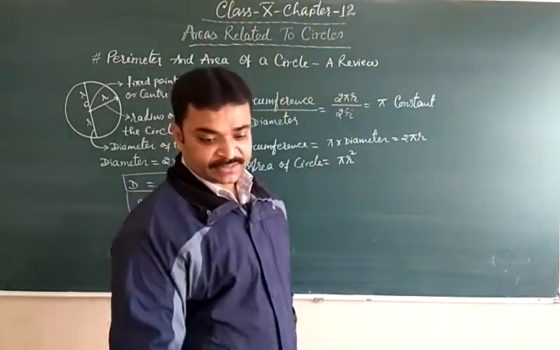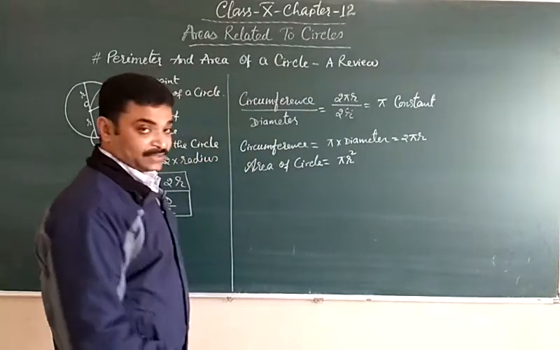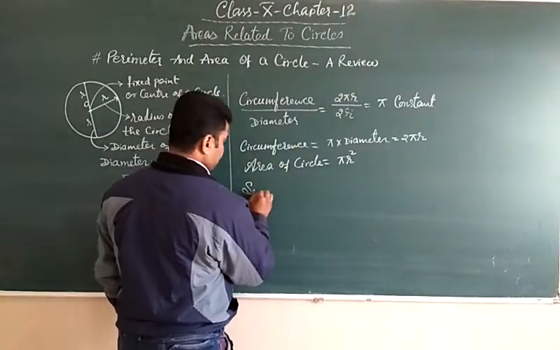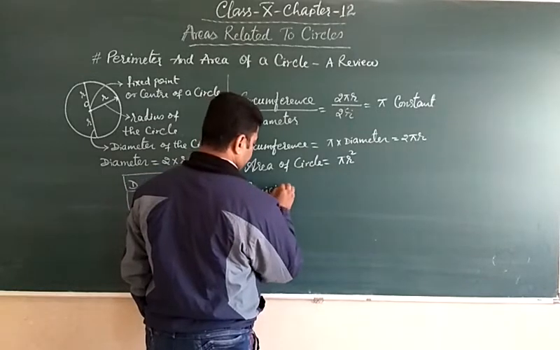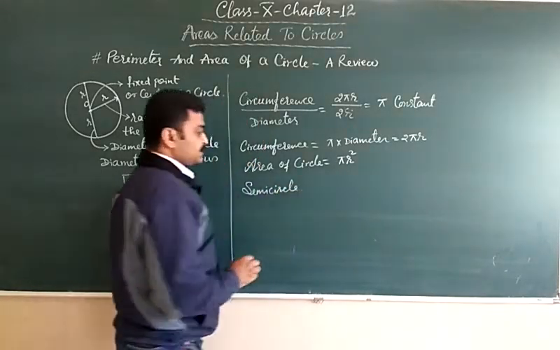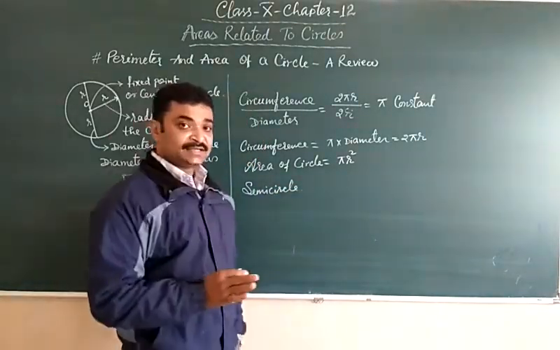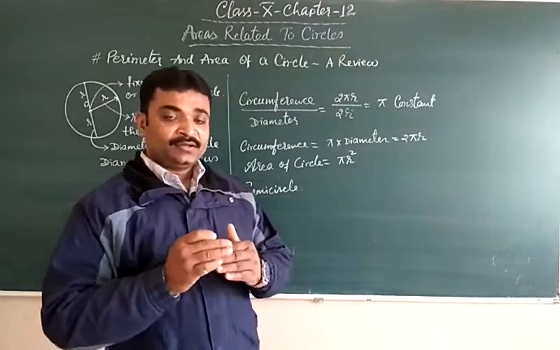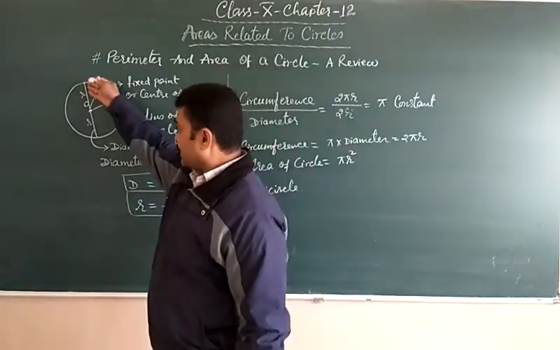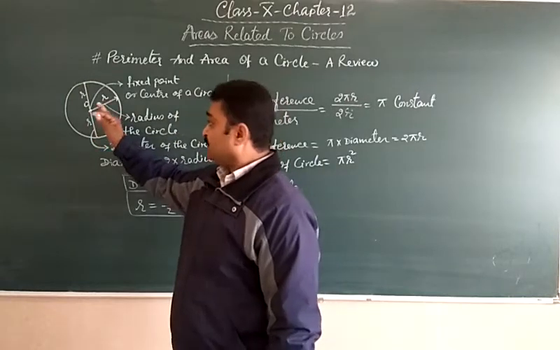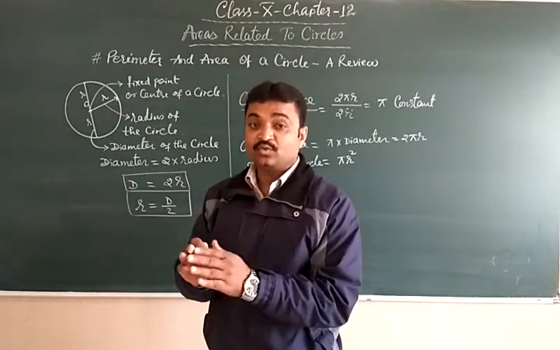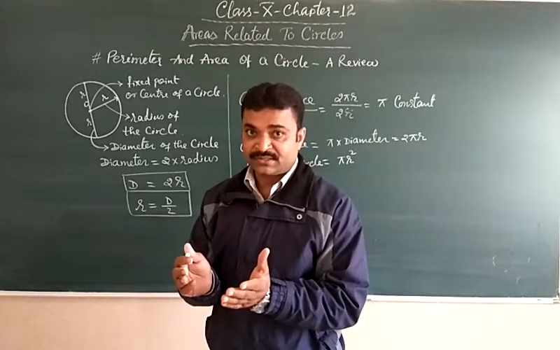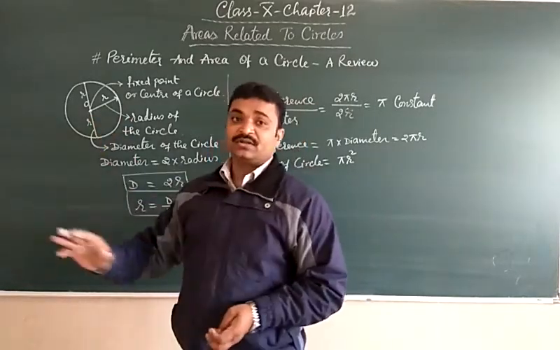Now, the next point is, what is a semicircle? Semicircle means, see, this diameter divides the circle into two equal parts or two equal halves, is it? Each half is called a semicircle.